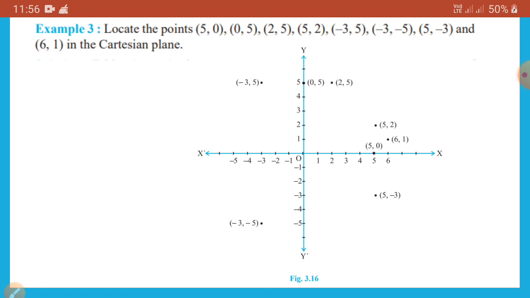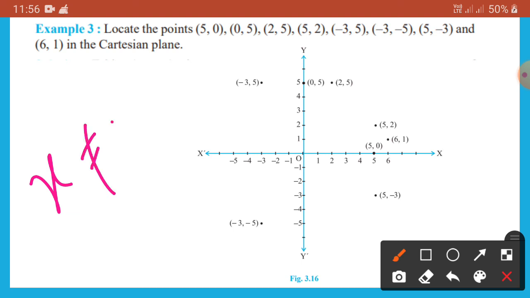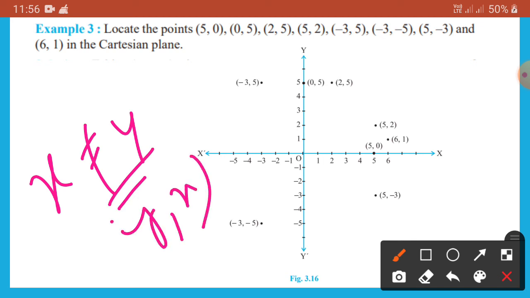Also -3, 5 and 5, -3 are at different positions. So by taking several such examples, we will find that if x is not equal to y, then the position of x, y in the Cartesian plane or xy plane is different from the position of y, x.